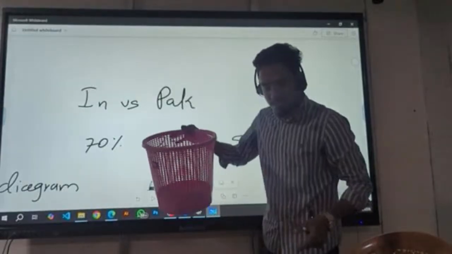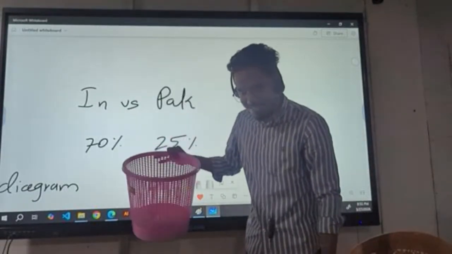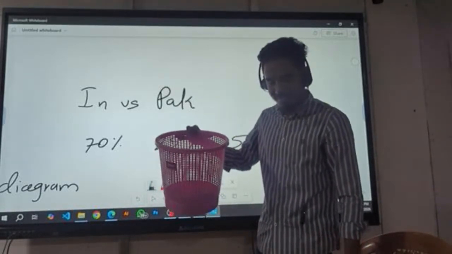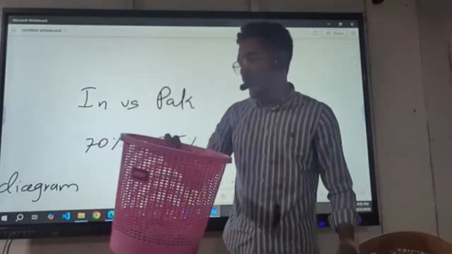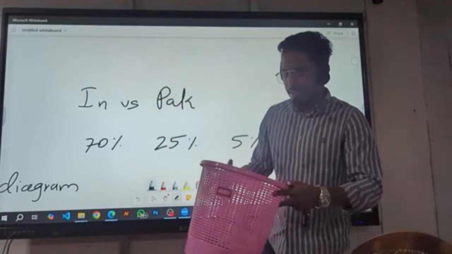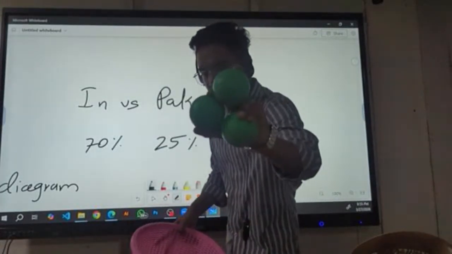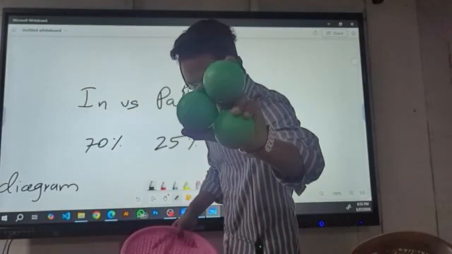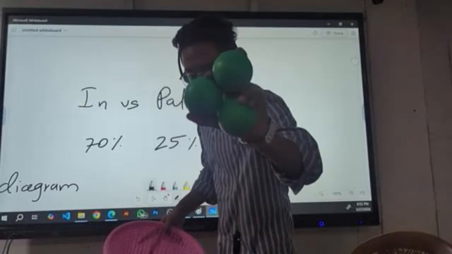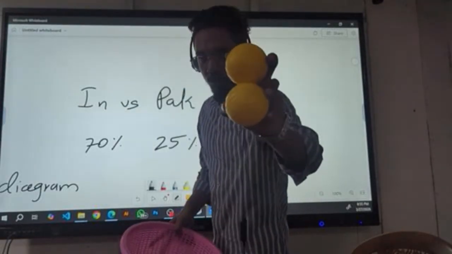Now I'll show you a basket. Hope you guys can see the basket here. Can I get a confirmation, please? Is it clear? Yes, sir. Okay, perfect. What I have put here, Lamai, are 5 balls. We have 3 green balls, and we have 2 yellow balls.